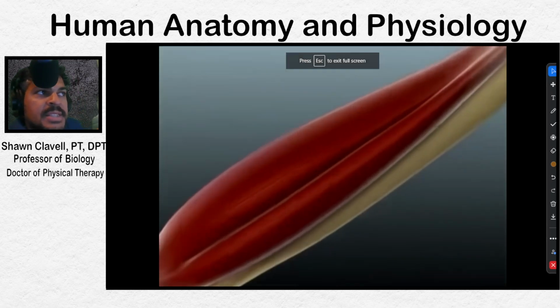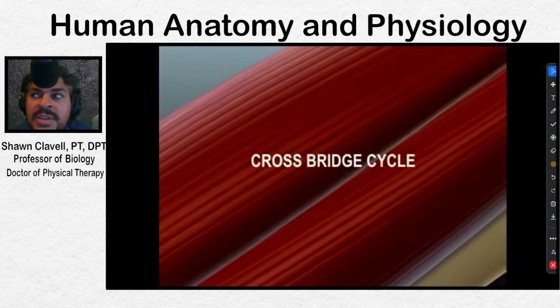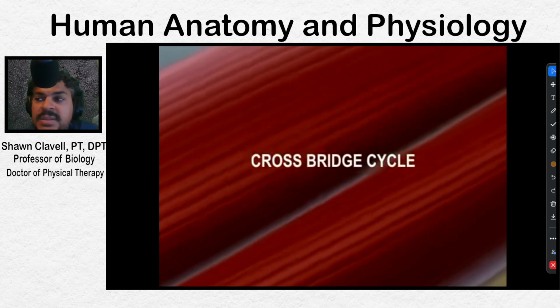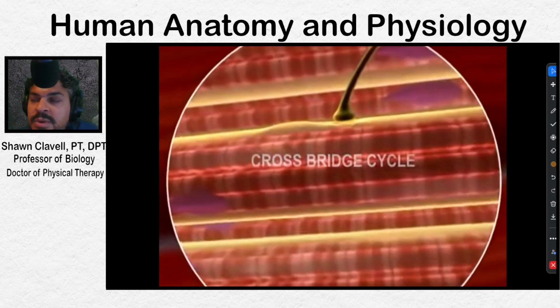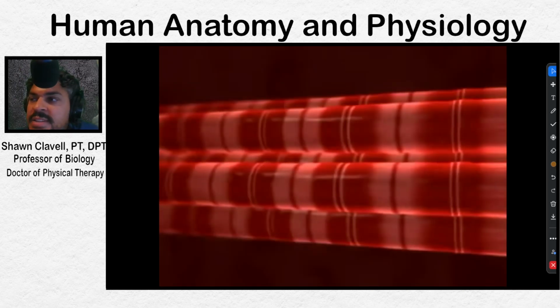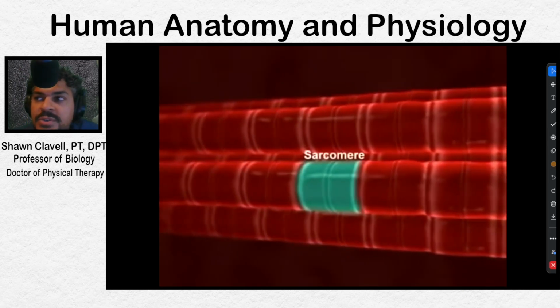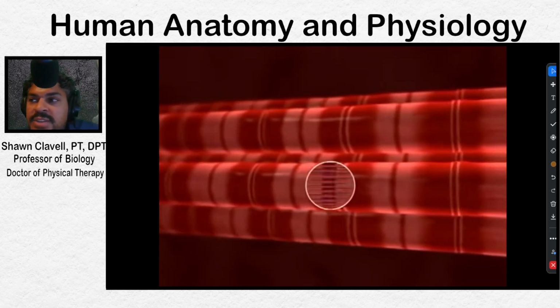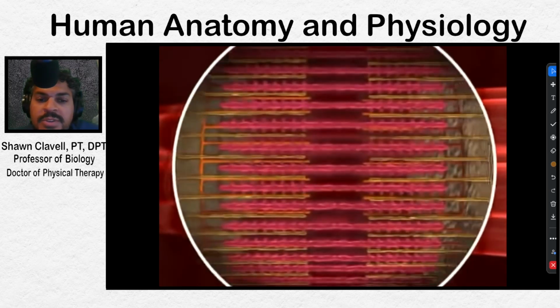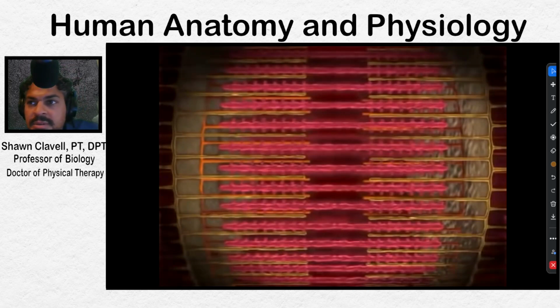So now, as you can see here, we're going to focus into the skeletal muscle, and we'll look at the Crossbridge cycle specifically. Recall that there's the neuron there that stimulates the muscle fiber. The structure of that is the sarcomere, the functional unit of a muscle contraction. Sarcomere is made up of alternating thick and thin filaments.